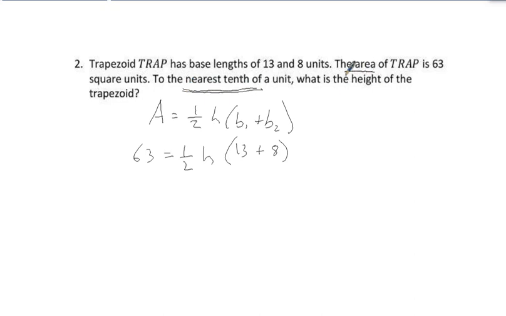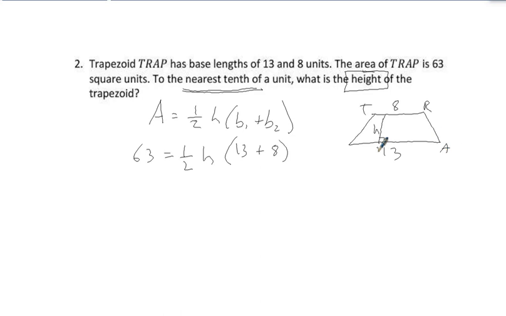The area is 63 square units. And again, we're finding the height to the nearest tenth. That's important, the rounding. So we'll underline that. But the height of the trapezoid is what they're asking for, so we can box that.